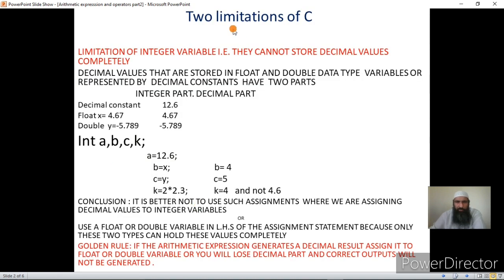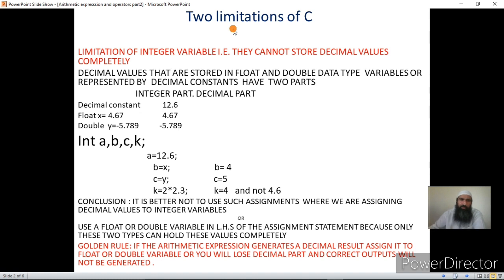Now there are two limitations of C. These limitations are inbuilt, and if we don't understand them, we won't be able to understand the nature of the results that will be produced by arithmetic expressions.